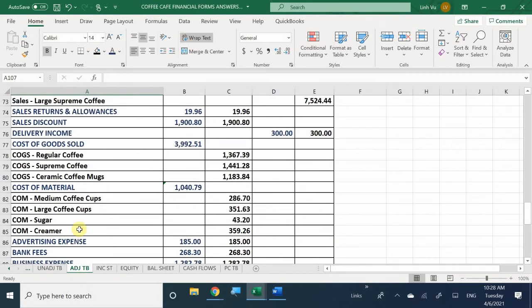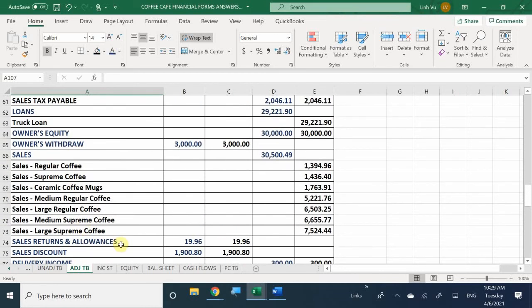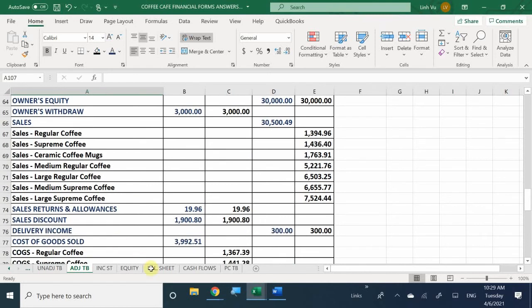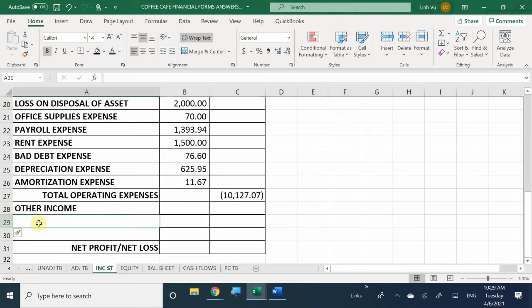Under my sales or under my revenues, right? I've encountered one extra piece of income. Delivery income. That is correct. So that's going to be considered other income.